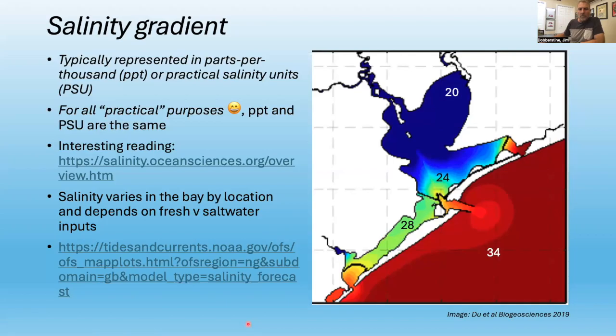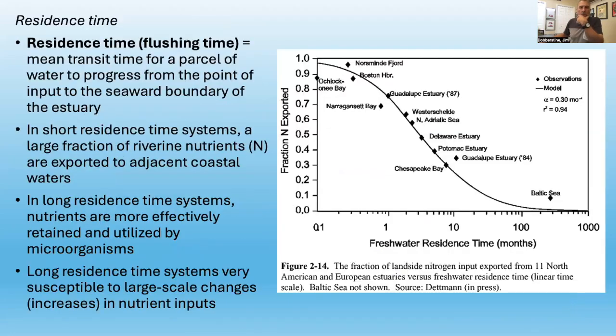Okay, so these flows, right, along with the physical features of the bay, affect the hydrology. One of the things that we look at when we look at hydrology is the residence time of the water in the bay.